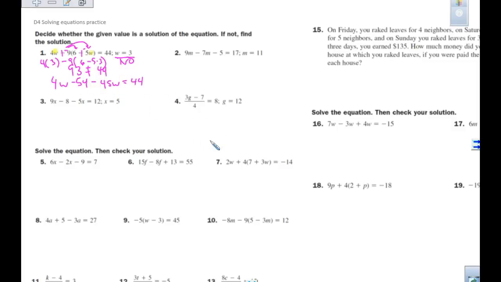Okay? As you look at this worksheet, there gets to be a lot of problems. This D4, we will not be checking until Friday, which means to do the worksheet D4, which has 19 questions total, we have Tuesday night, Wednesday, Thursday. It is due Friday.